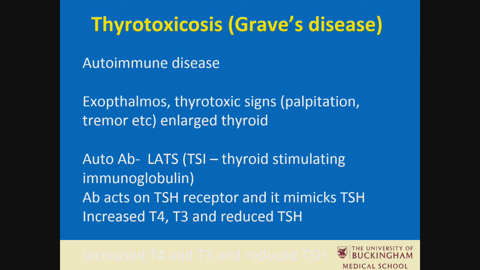So there is increased thyroxine, increased T4 and T3. When the thyroxine is increased, the TSH will be reduced automatically, isn't it? So this autoantibody acts on the TSH receptor like TSH, increases T4 and T3, and gives thyrotoxicosis.